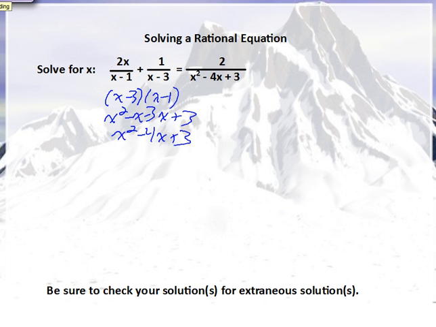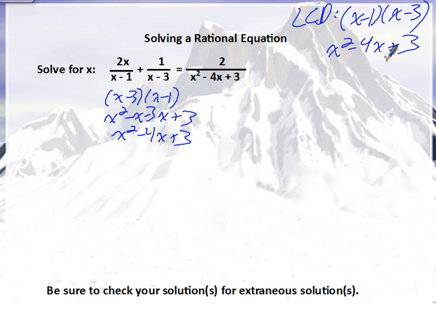Alright, so as I said before, the LCD is just the two denominators being multiplied by one another, or really that's the same thing as x squared minus 4x plus 3, as I just showed. So I'm going to multiply the entire rational equation by x minus 1, x minus 3. I'm going to work it out nice and slow.